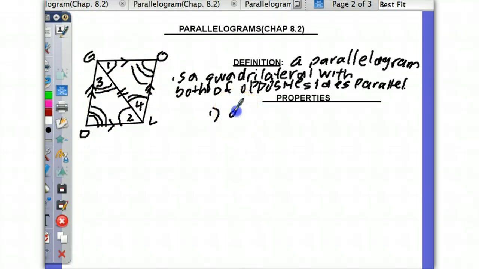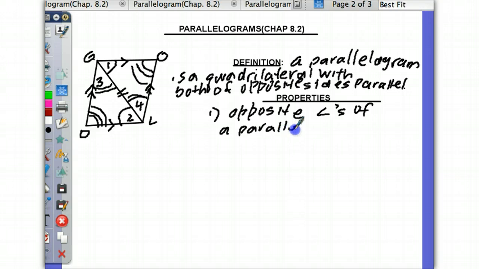So let's write that. Opposite angles of a parallelogram. You can just abbreviate that. And I'll give you the abbreviation for parallelogram right away.